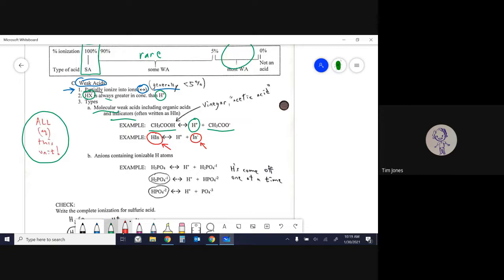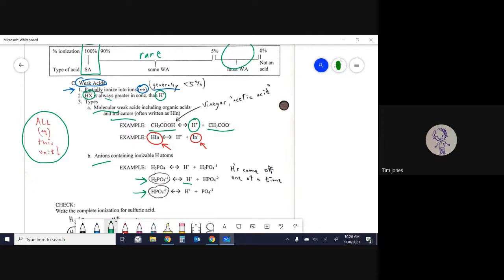A second type are negative ions that happen to have a hydrogen that can leave. So I have one here and one here. H2PO4-, known as dihydrogen phosphate, is a negative ion, and it also has the ability in the right circumstances to give off an H+, so that makes it have the ability to be an acid.